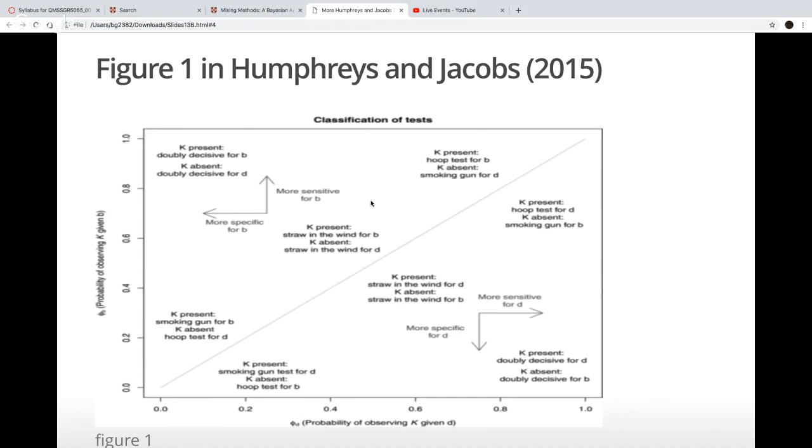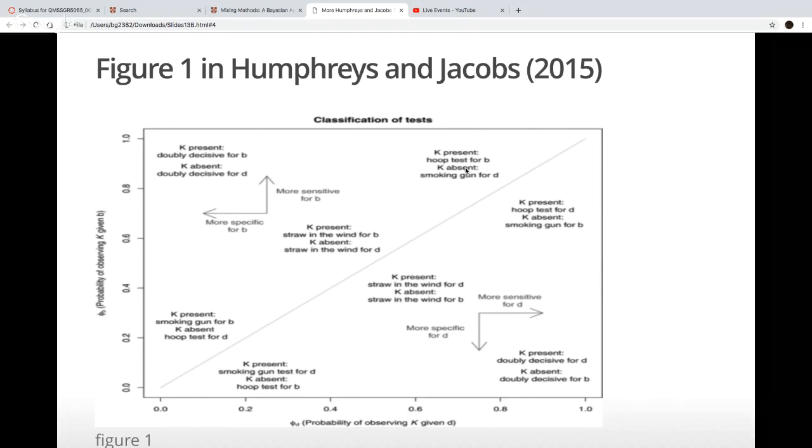Not in the extreme corners, but a little bit off the line, we have some weaker tests. So, a hoop test. The probability of K being present, if you're up in this region, is bigger, but not that much bigger, suggesting a higher probability of countries of type B than type D. And so the fact that you observe K equal 1 doesn't tell you a whole lot.